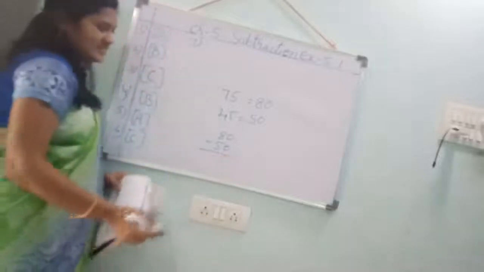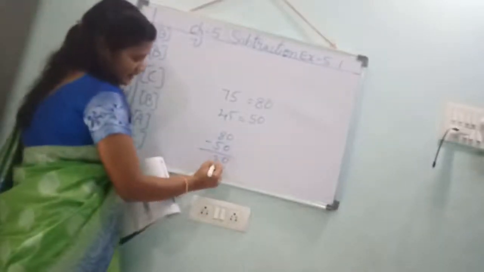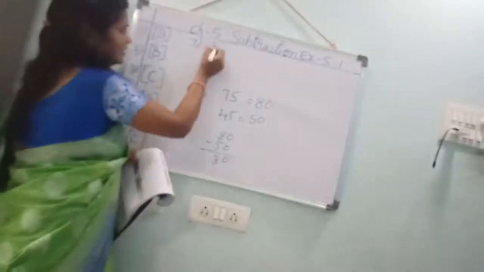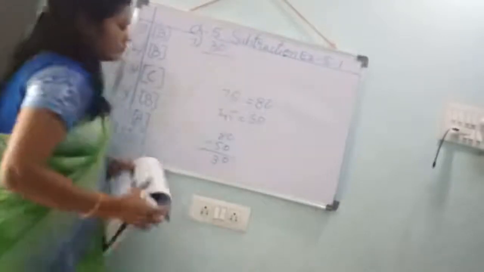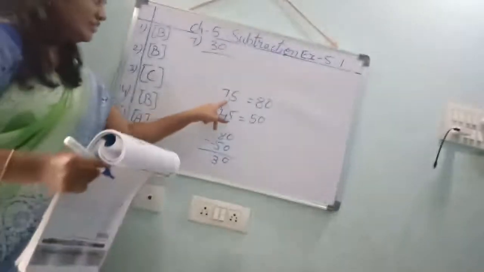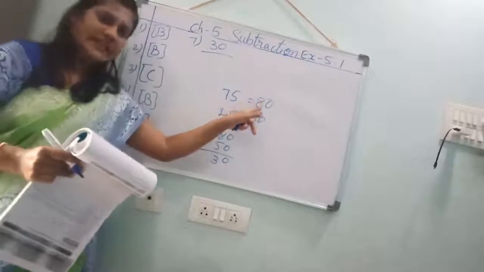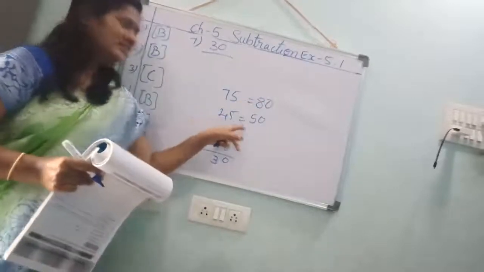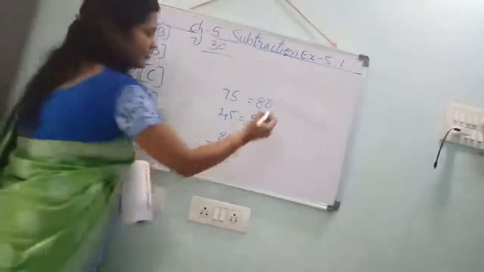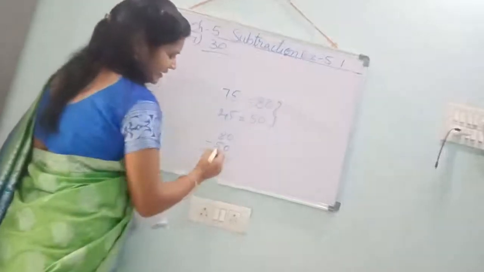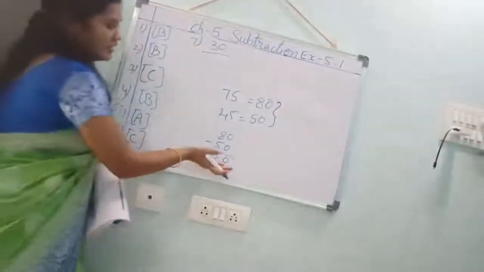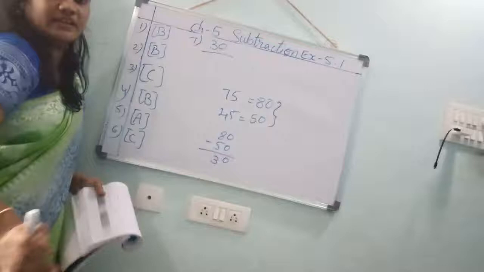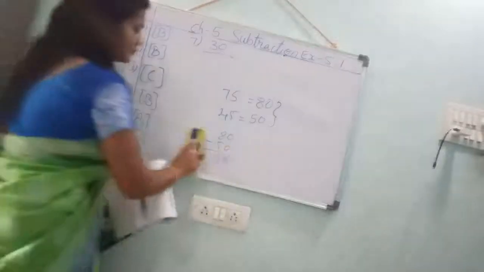What is that answer? 30 is the answer. What we did? 75 nearest tens 80. 45 nearest tens 50. What we did? We minus, 80 minus 50. We got answer 30. Understood, children?